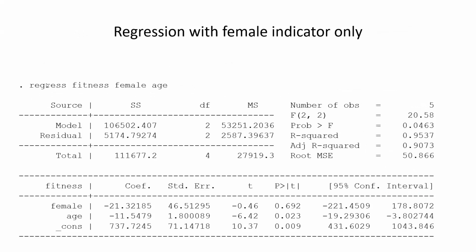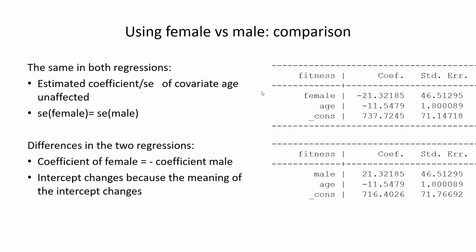So here is the regression output if I regress on female. And on the next page, I am comparing the regression output, where this is the one from the previous page where I regress on female and age. And the other one would be where I regress on male and age.